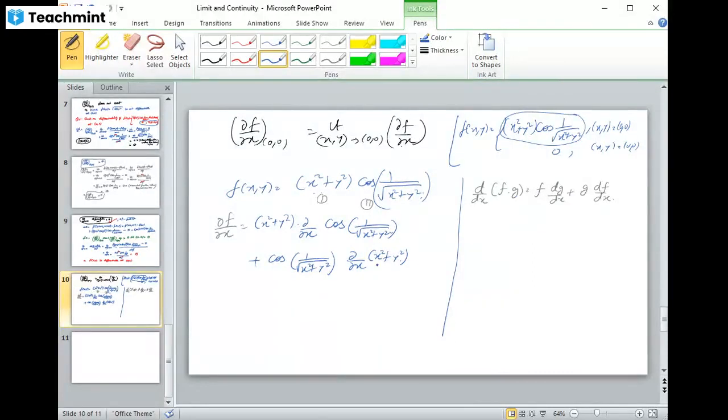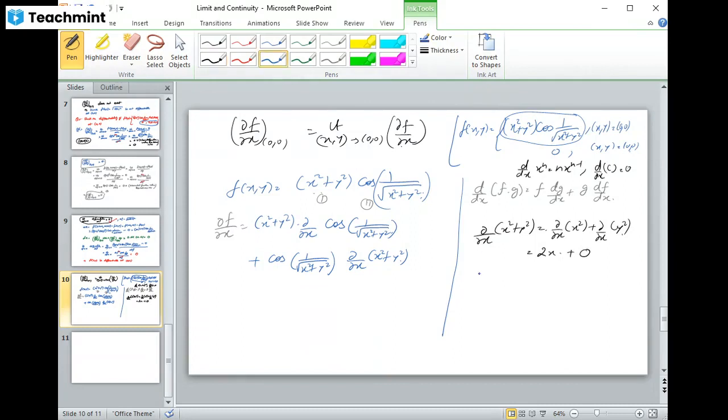Now, if we talk about the partial derivative of x² + y², we already know that if we are differentiating with respect to x, we are treating y as a constant. So ∂/∂x of x² and ∂/∂x of y². The derivative of x² is 2x, using the property that d/dx of xⁿ is n times x^(n−1), and the derivative of y² with respect to x is 0, using the derivative of a constant is equal to 0, because when we are differentiating with respect to x, we are treating y as a constant.